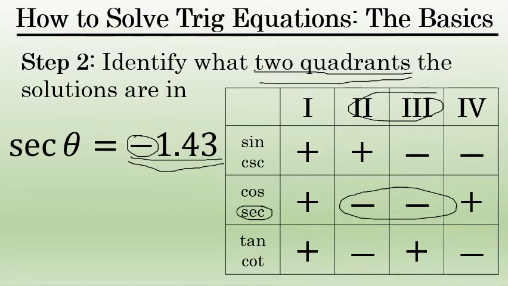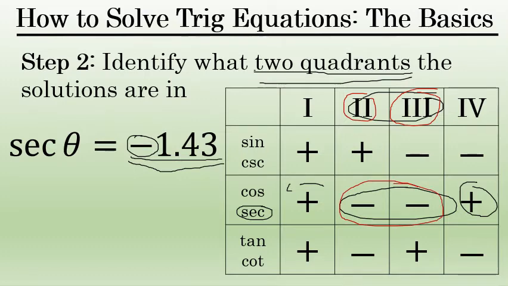If you take the secant of an angle between 0 and 90 degrees, which is quadrant 1, you'll always get a positive number. If you take the secant of an angle in quadrant 4, any angle between 270 degrees and 360 degrees, that will also be positive. But the secant of any angle in quadrant 3 and quadrant 2 will always be negative.